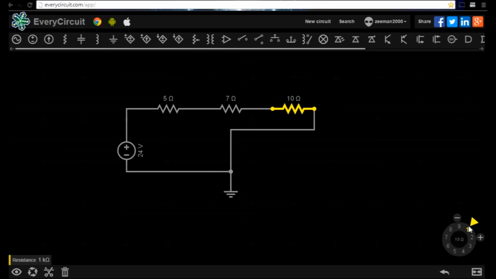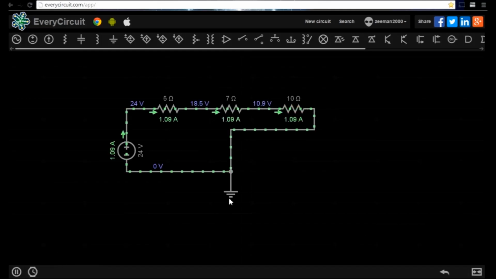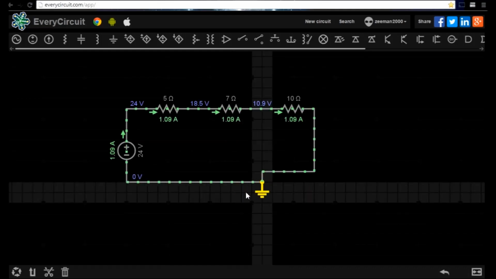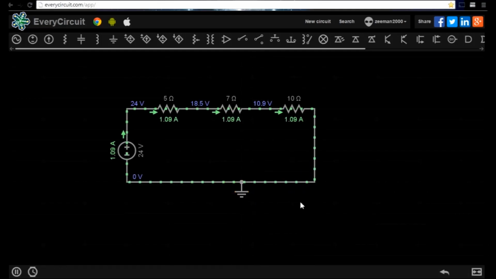Sometimes we cannot reach the exact value of resistance using a single resistor, so it is necessary to put them in series to get the desired value. Notice that the voltage drops as it passes through each resistor, but the current stays the same.